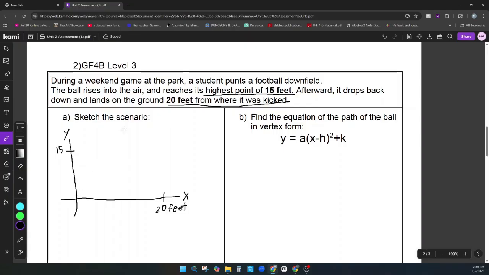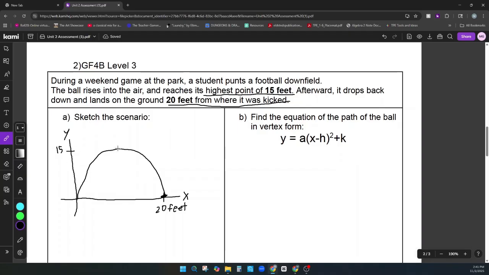So I know that my ball is going to arc up and then arc back down, and I just have my points align with my values that I put. So making that match a little bit, not the best artist, but so long as I have a rough sketch of the scenario, that should be fine.